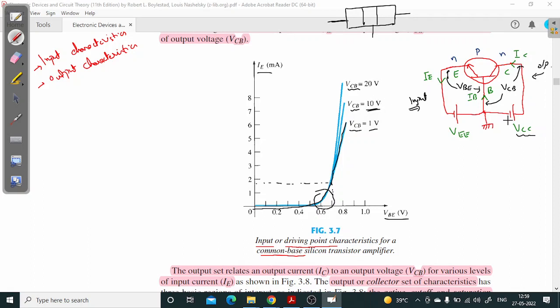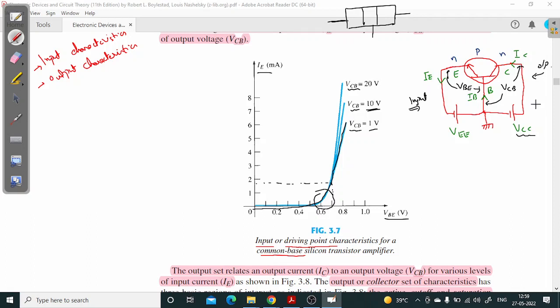If the output voltage is going high, then what will be the effect? The majority charge carriers, which are coming from the input side, that is the emitter side, will be collected from the collector side with a higher intensity of electric field, because we have increased VCC from 1 volt to 10 volts, 10 times stronger.